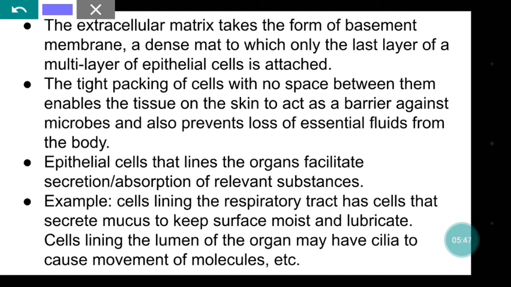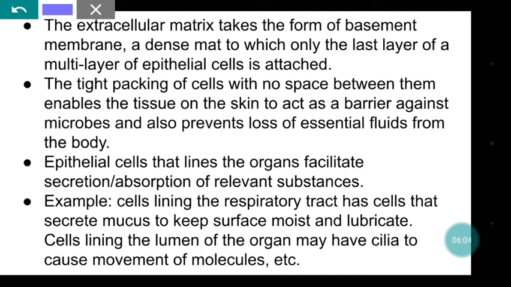It also prevents the loss of essential fluids from the body. That is why the cells are tightly packed.